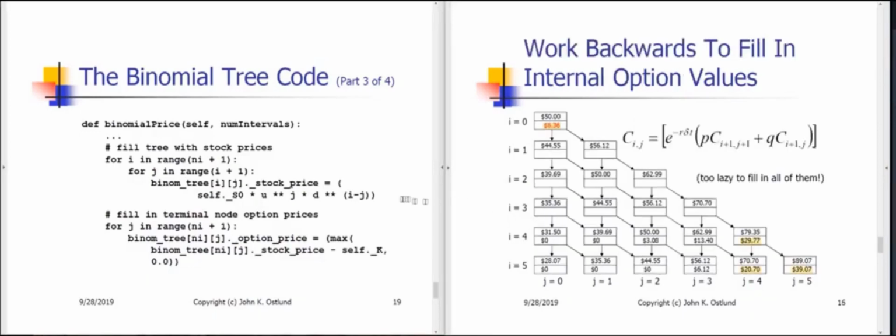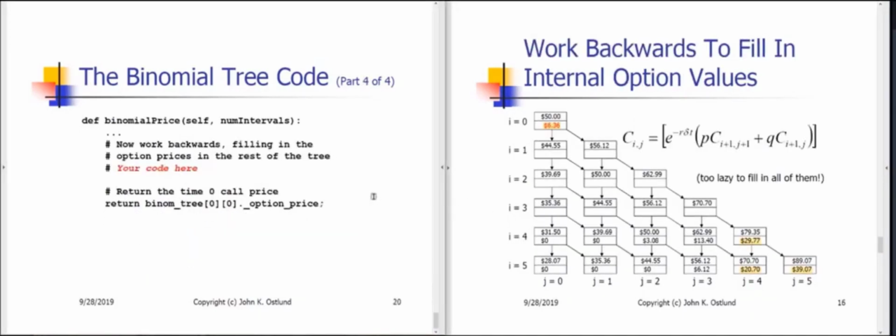Then on slide 16, we have to do backward induction. And this is where you have to do some work. And when we're all done, the call option price that we will have computed is going to be the option price attribute of the sub-zero price node at the sub-zero time. Okay, well that's that for the binomial tree model.